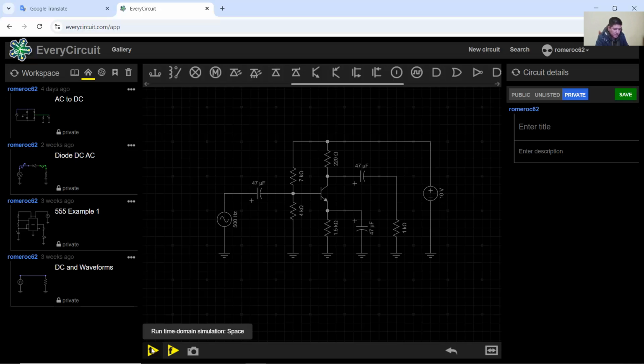And run time domain simulation. Okay, not frequency domain simulation, I will do it later. Run time domain simulation.